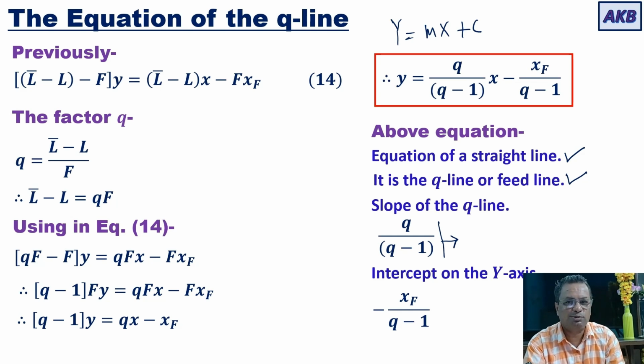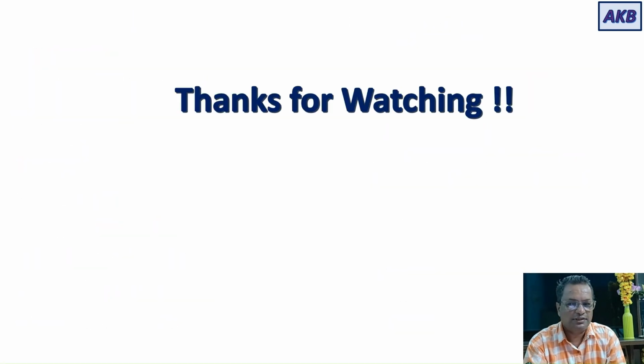The steps to be followed in order to get to this equation I have discussed, and I hope you have understood those steps. If you have any doubts, you can mention that in the comment section. Okay, so thanks for watching my video. I hope now you know what a Q line is. It is also called the feed line.